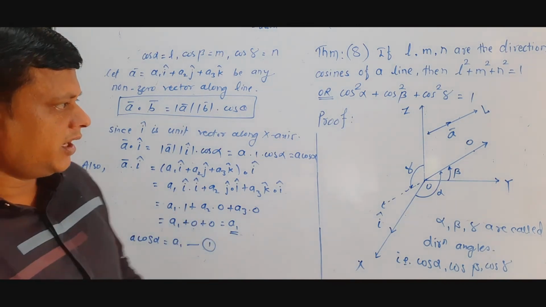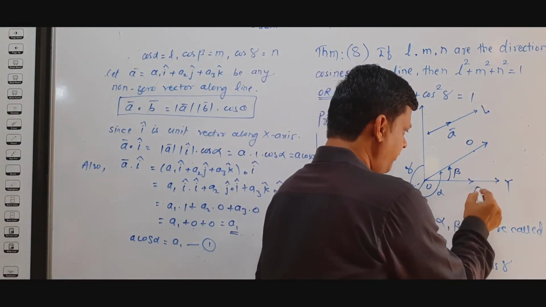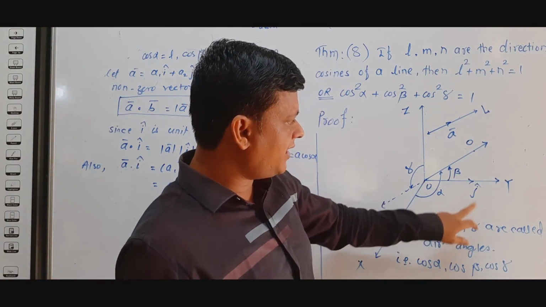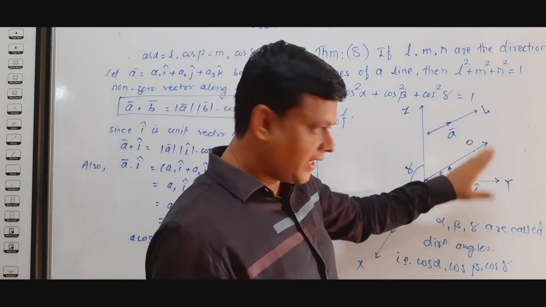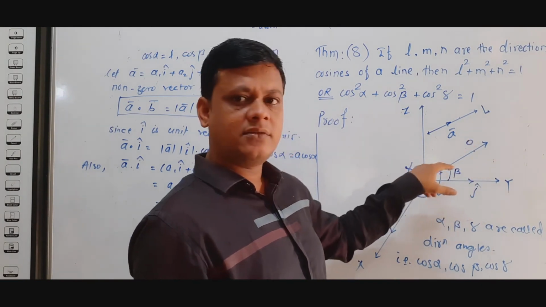Similarly, if we consider here unit vector J cap, which is along the y-axis, the angle made by this y-axis with this line is beta. That means this unit vector also makes angle beta with this line.